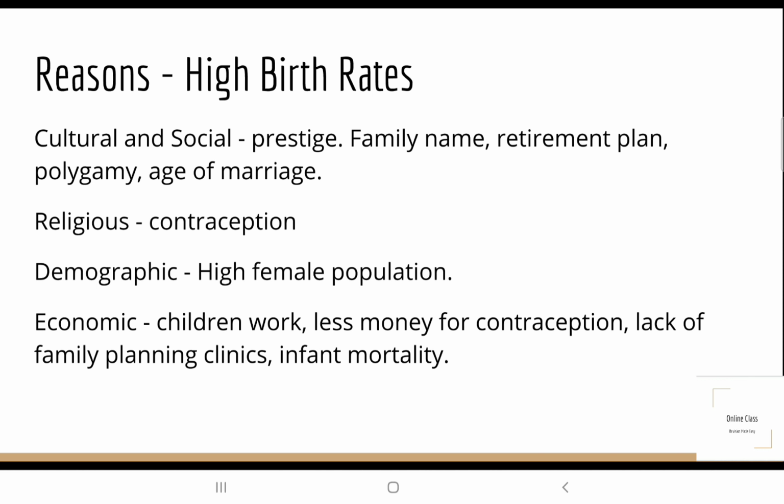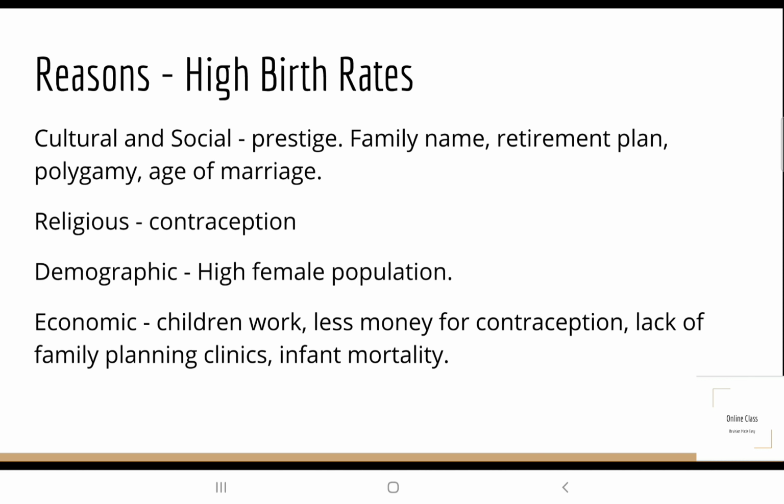Polygamy is where one man can have more than one wife. In polygamous societies, a man may have several children at once if more than one of his wives is pregnant at one time. So you tend to have higher birth rates in polygamous societies.